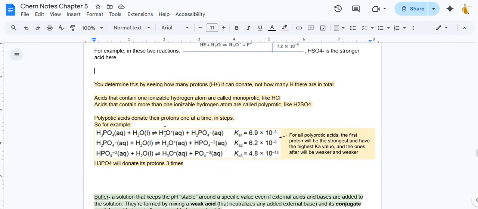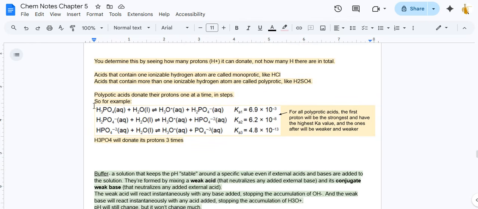And the ones after that will be weaker and weaker. So that's it for this part. The first one will be the strongest, and the last one will be the weakest.